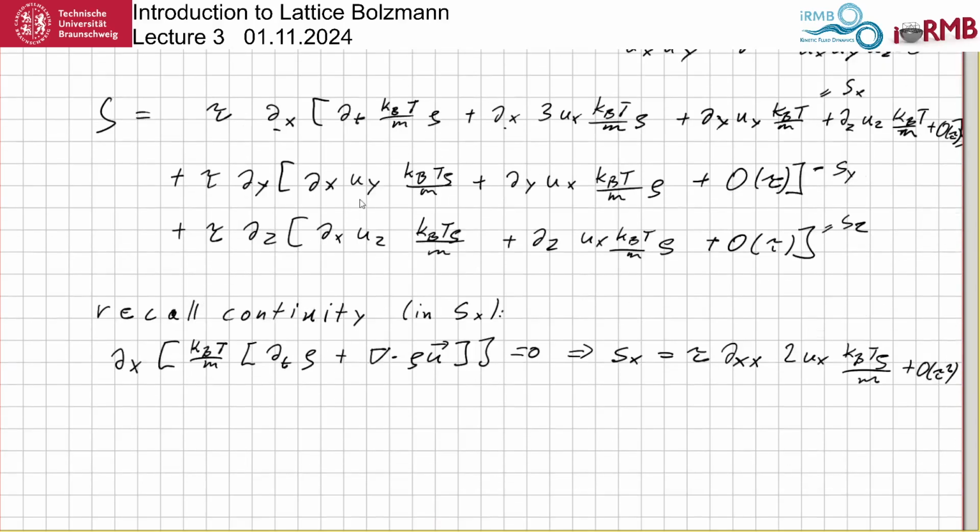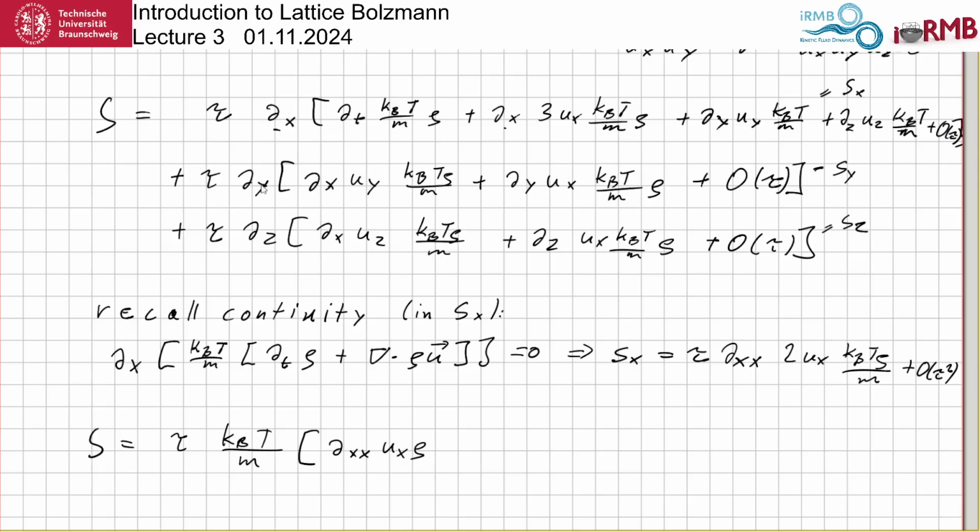So I keep this up here and rewrite S again. I take tau, so everything in here now has K Boltzmann T divided by M in front, and I'm pulling this out. So our Sx part has a dxx ux rho. Actually it has 2, but I'm taking out only 1 in the way I'm rewriting this.